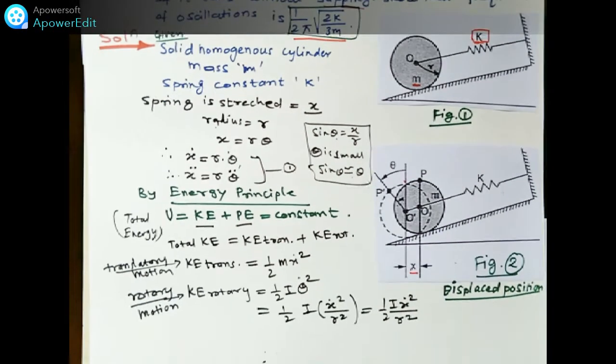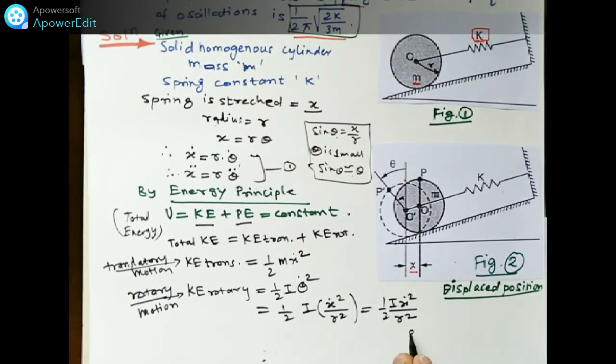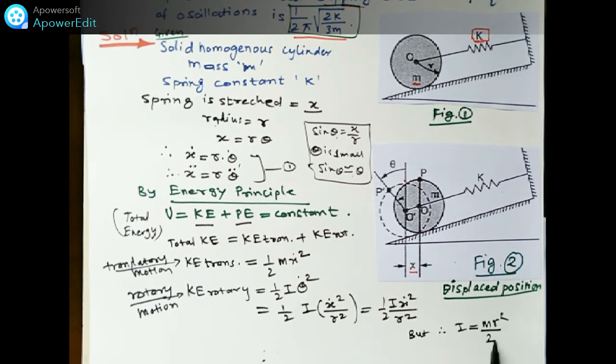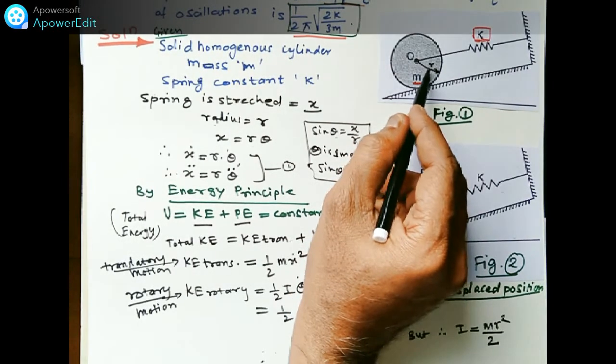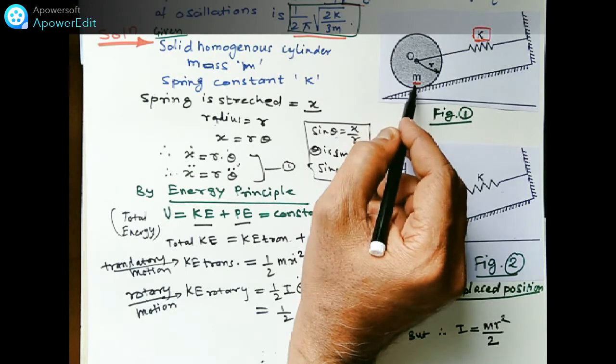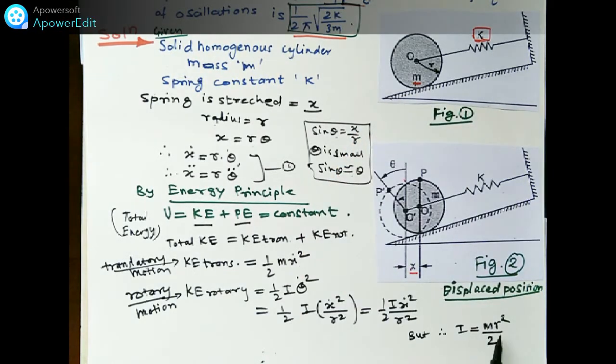But we know the value of I: it becomes m r square by 2, where r is the radius and m is the mass. This is the half m r square, the mass moment of inertia for this solid cylinder.